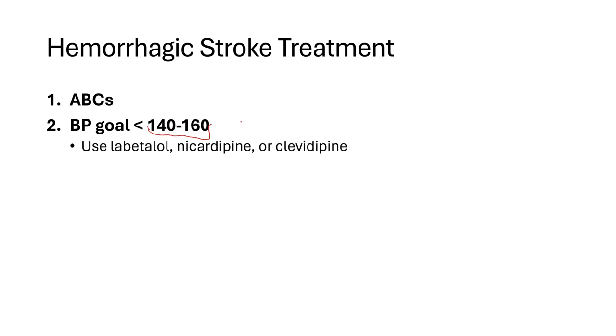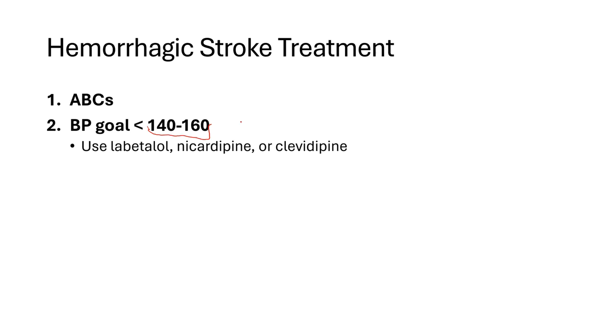The reason is that your body is going to naturally react to a stroke by increasing blood pressure. It's a natural reaction. That's why we see hypertension in Cushing's triad. For hemorrhagic stroke, we want to keep the BP as low as possible, or lower than 140 or 160.